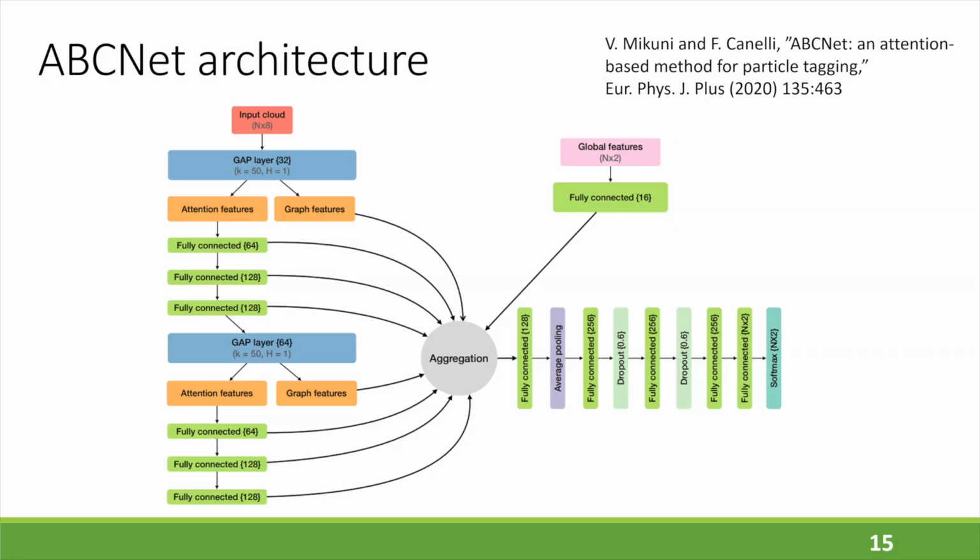And the final part of the network is a multi-layer perceptron, like three fully connected blocks of 256 units with dropout 0.6 for regularization.